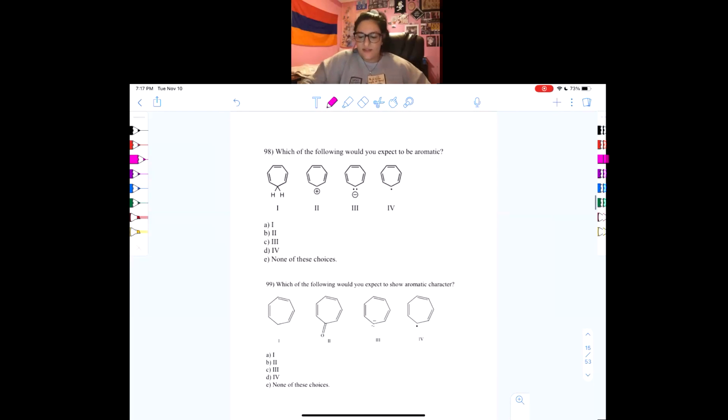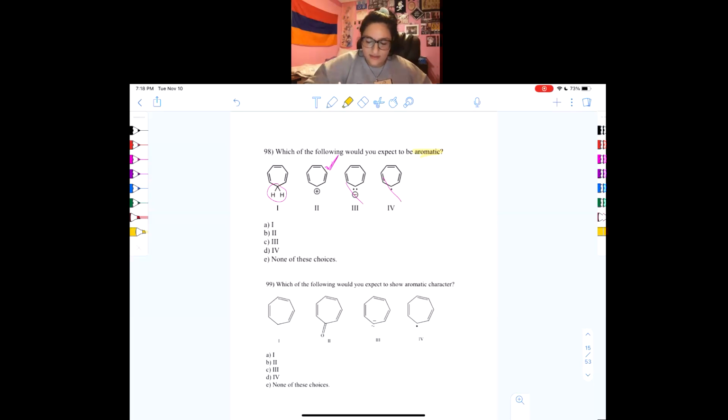So these next two, this one is saying which one will be aromatic. We know that it can't be this one because it's sp3. We know that this is aromatic. And we know that if this cation is aromatic, neither of these can possibly be aromatic.